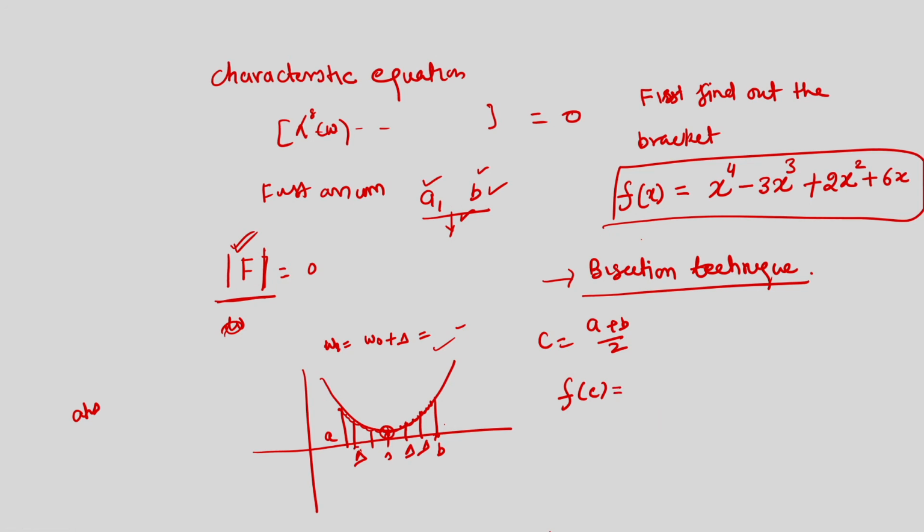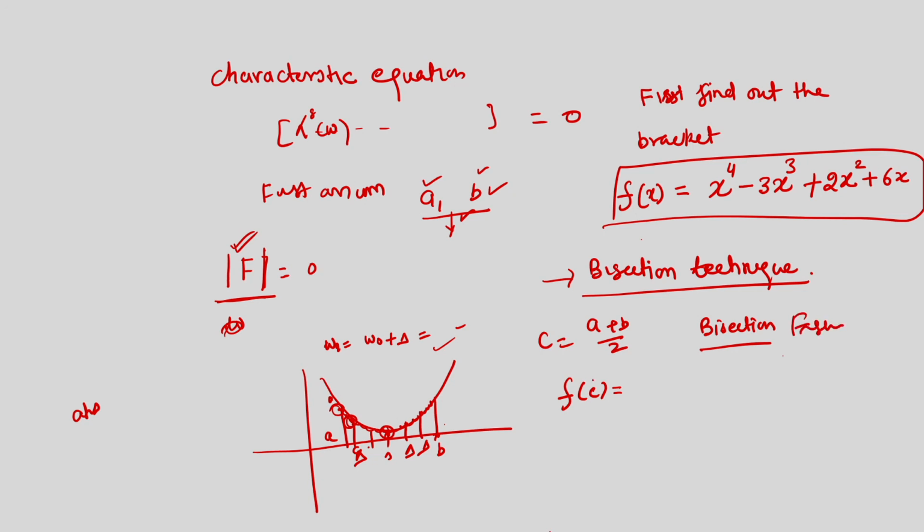If it is going down, this will be the new guess; if it is going up, then A remains your starting point. The bisection technique is very standard, taught in undergraduate engineering mathematics.